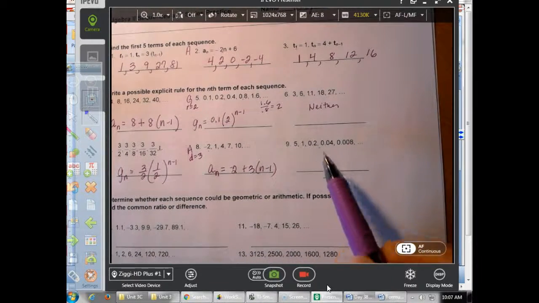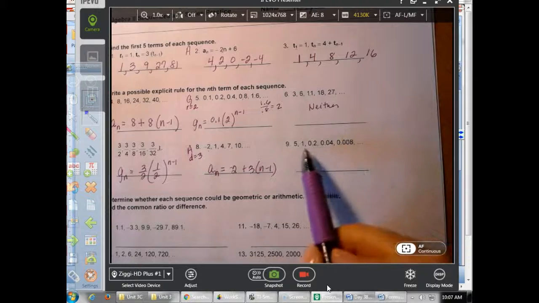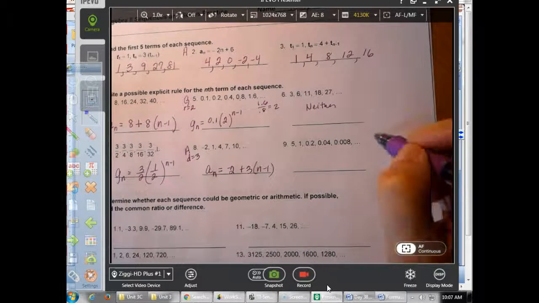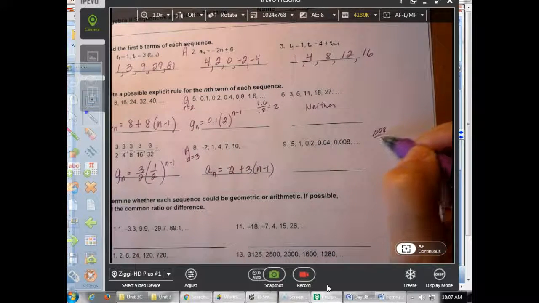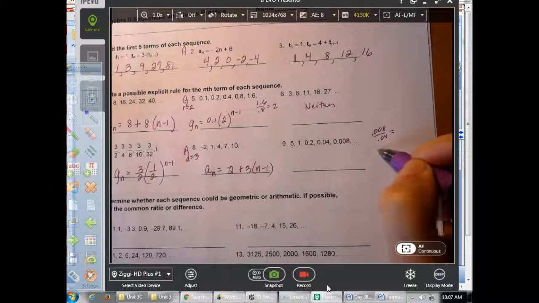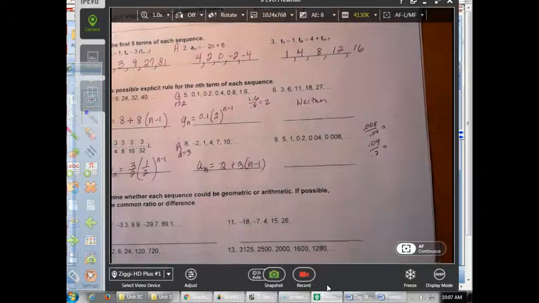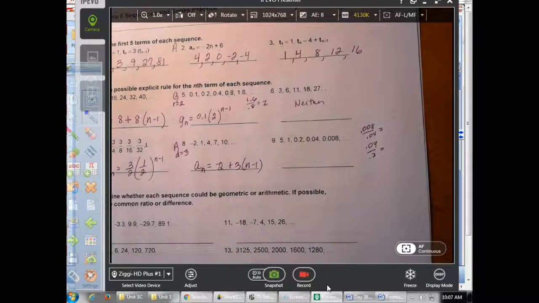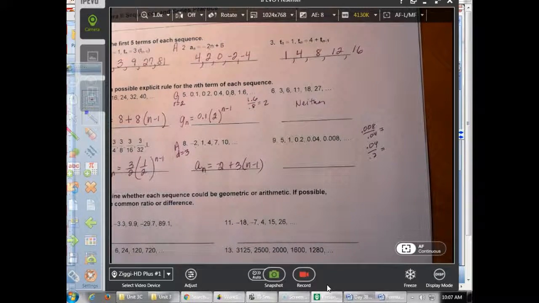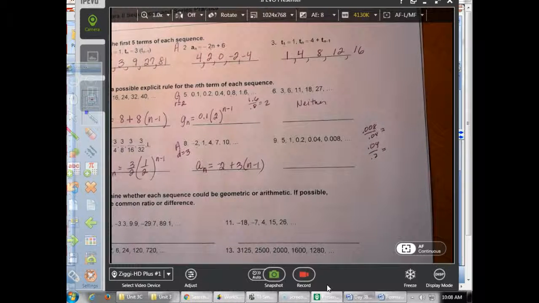Moving on to the next one. If you can't really tell, remember how you can do 0.008 divided by 0.04, see what you get, and 0.04 divided by 0.2, and see what you get. And these would have to be the same common ratio. So I get 0.2 here, and I believe I'm going to get 0.2 here.